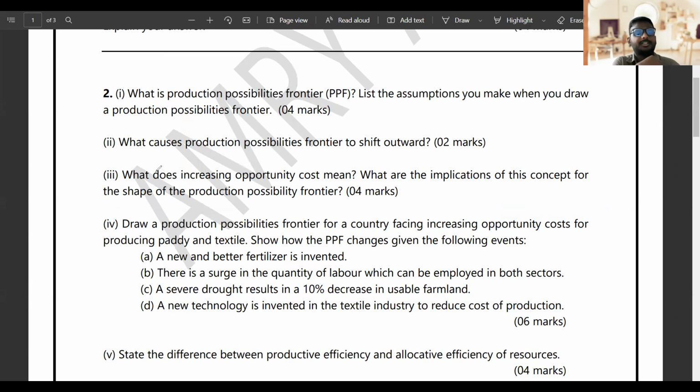Next question. What does increasing opportunity cost mean? What are the implications of this for the shape of the PPC? So tell me first, what are the implications of this concept for the shape of the PPC?